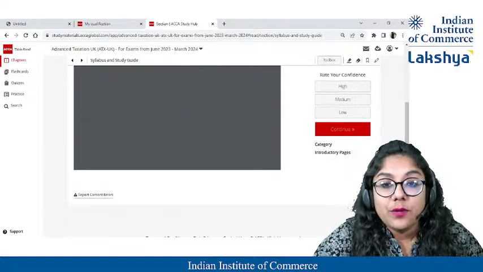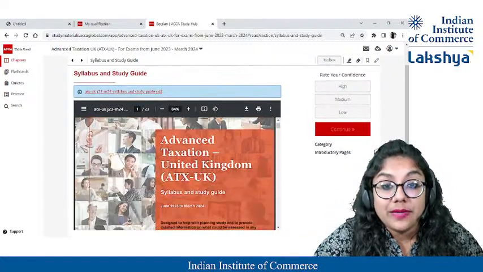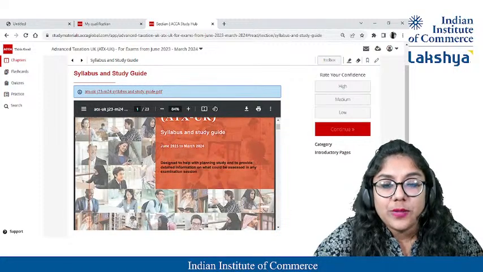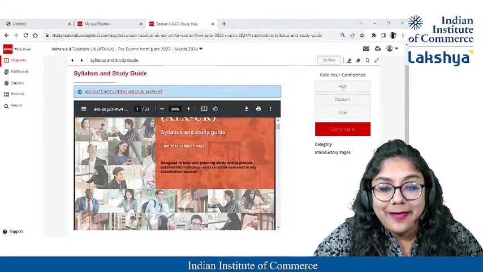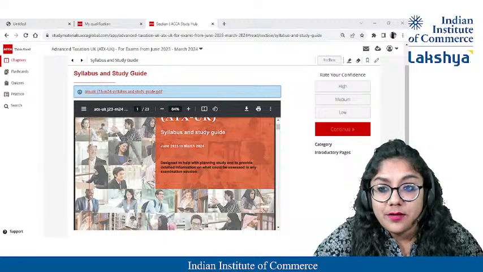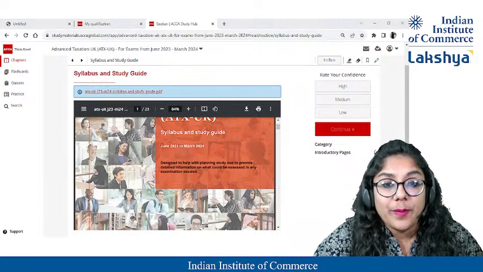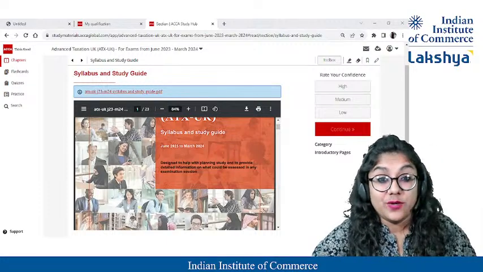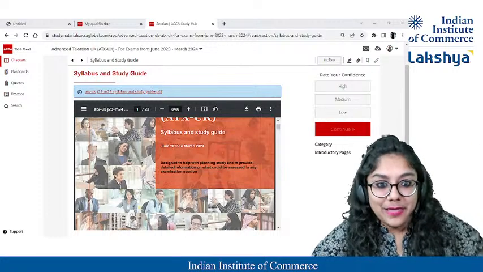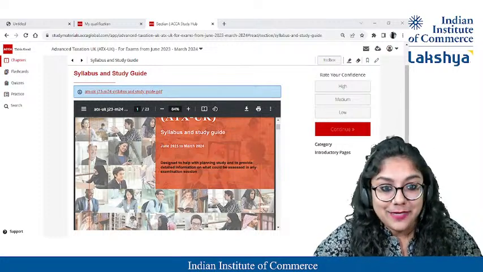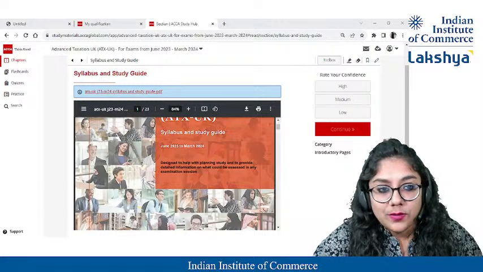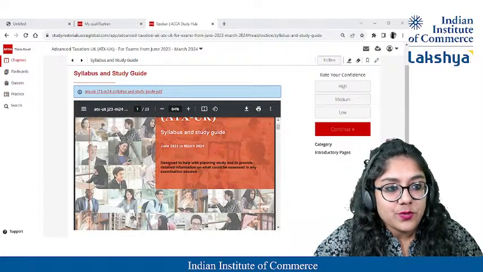Over here we'll have my syllabus, what I am going to read in the syllabus about my UK taxation. Students, I have already downloaded this prior, so I am just going to open it up, because it is smaller anyway and I don't want it to look jumbled up. So I'm opening up the syllabus and guide. This will be very helpful for us to analyze.